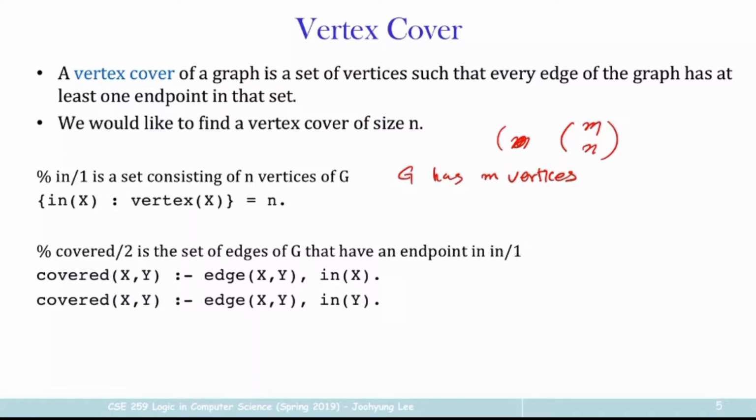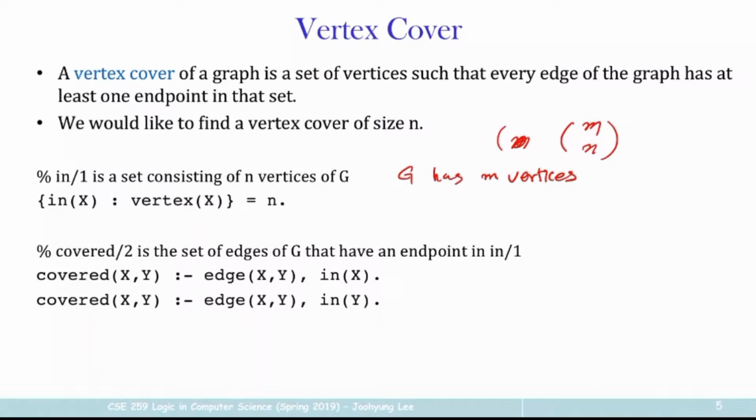The number does not change because we are only defining covered using the existing relationship. We are not introducing new models here. Okay, so when you add up, each stable model that you found will be expanded with the definition of covered, but we will not create new stable models.